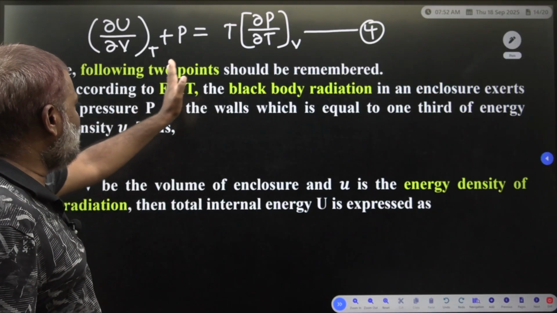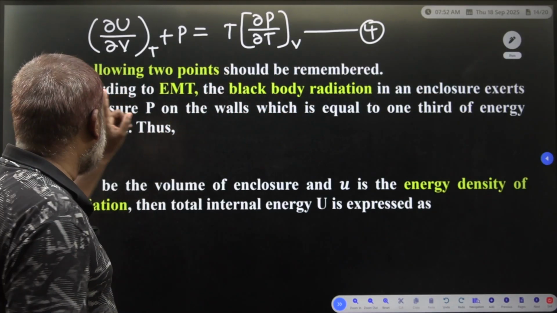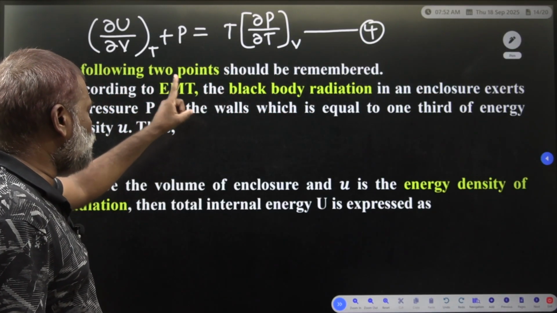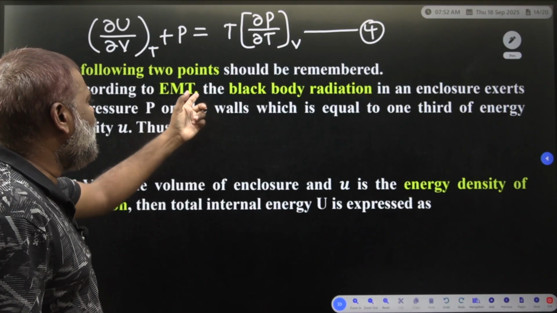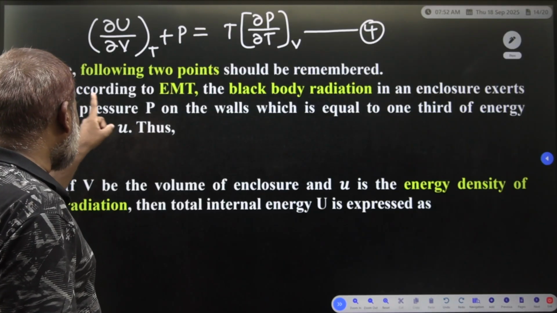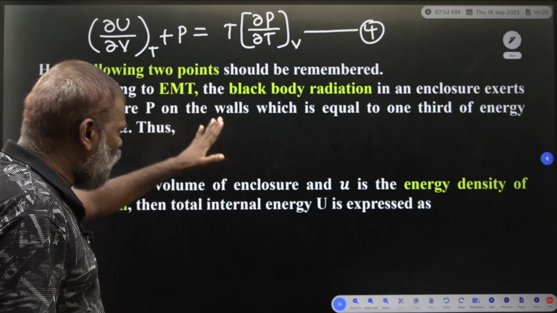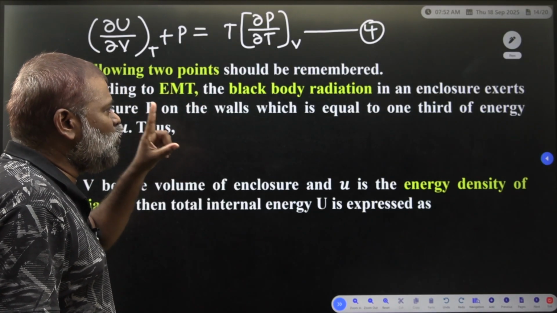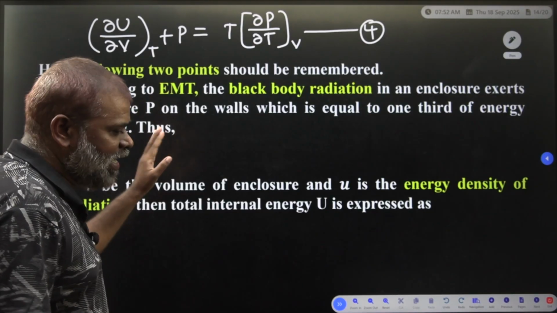Here the following two points should be remembered. The first one is, according to electromagnetic theory, black body radiation in an enclosure exerts a pressure P on the walls which is equal to 1/3 of the energy density.